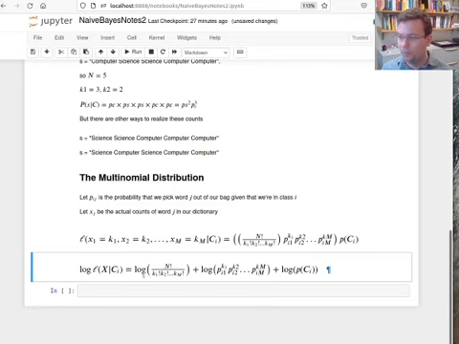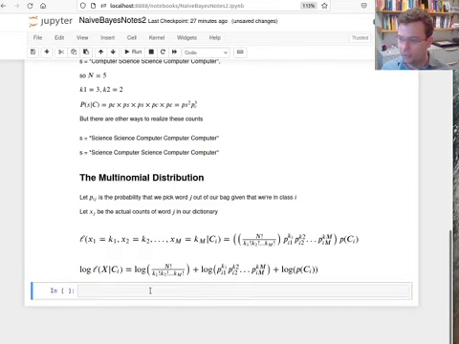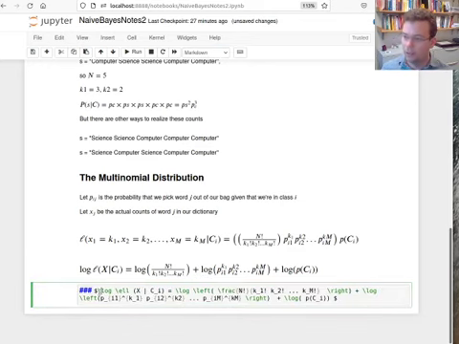So this is a bunch of products here. So I can write this as the log likelihood is still log of this. I can't really separate this out in a nice way. I could, it's not worth it though.